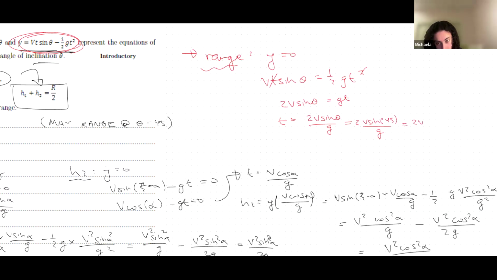Okay, and now how are you going to find your expression for range? Sub it into x. So x equals v times 2v on g root 2 times cos 45.